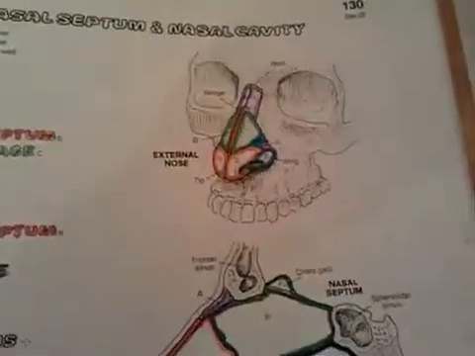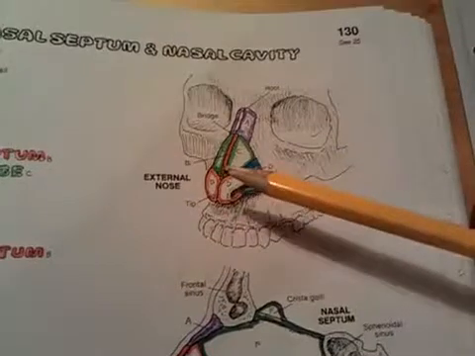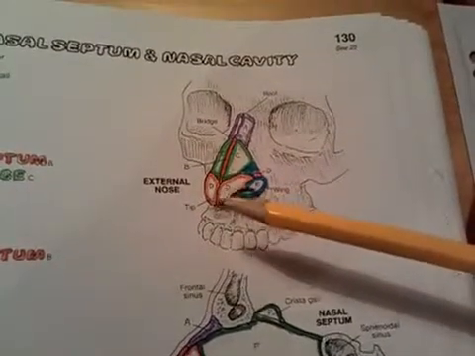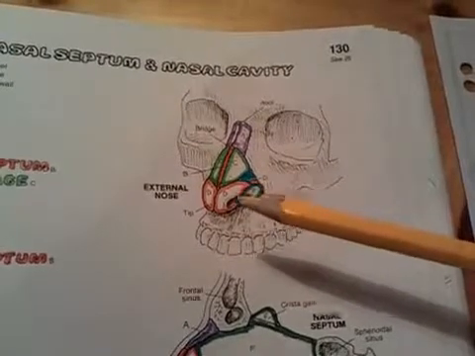Now for the external nose, you see it has a root, a dorsum, an apex or tip, ala, and nares.